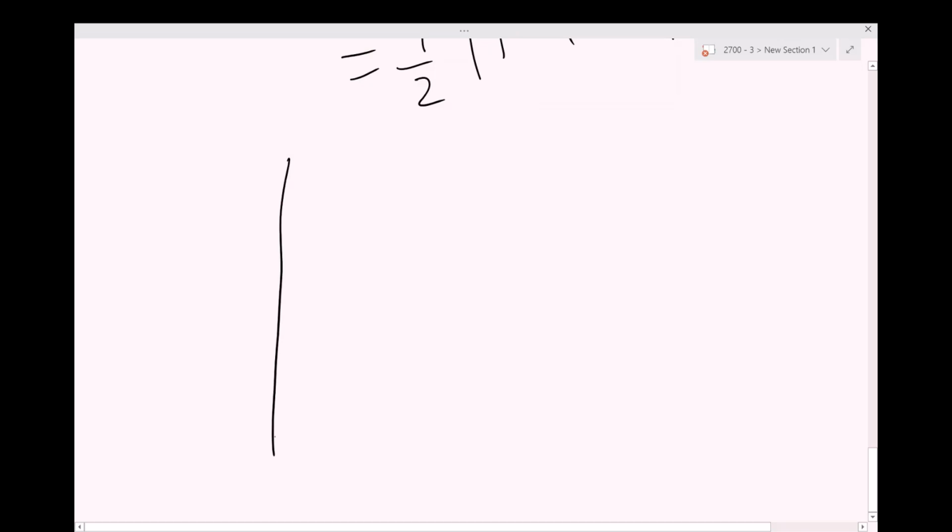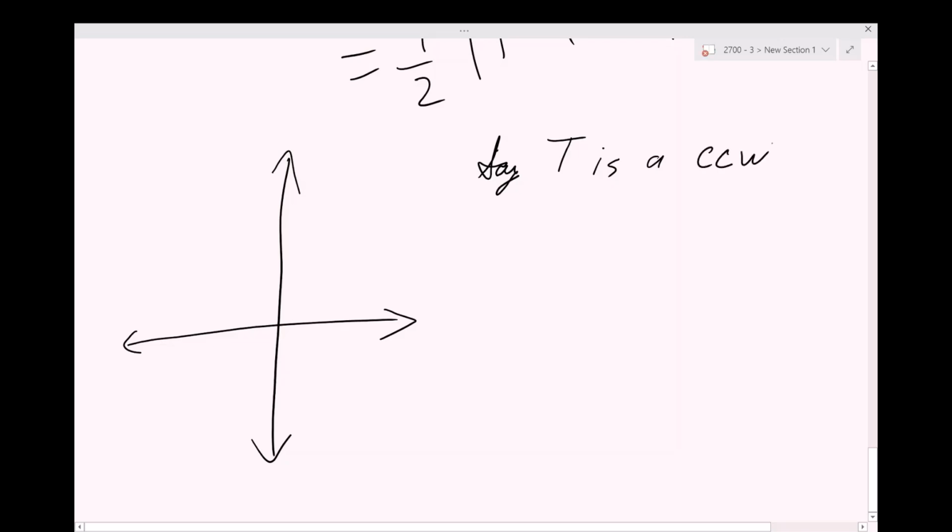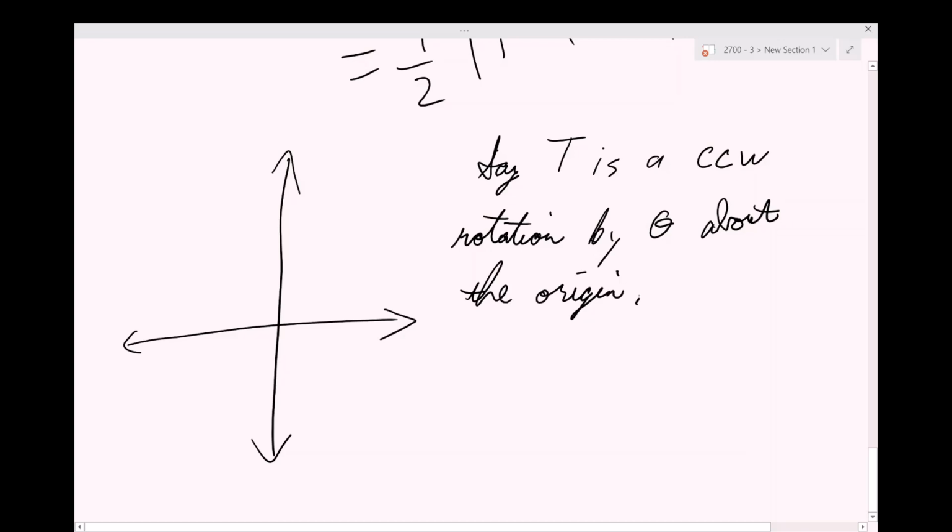So if I have a linear transformation, so let's say T is a counterclockwise rotation by some angle, let's say theta, about the origin. Then what's the matrix that gives that transformation?